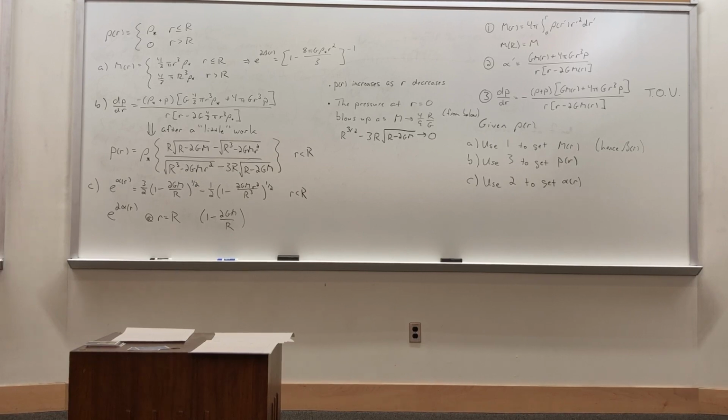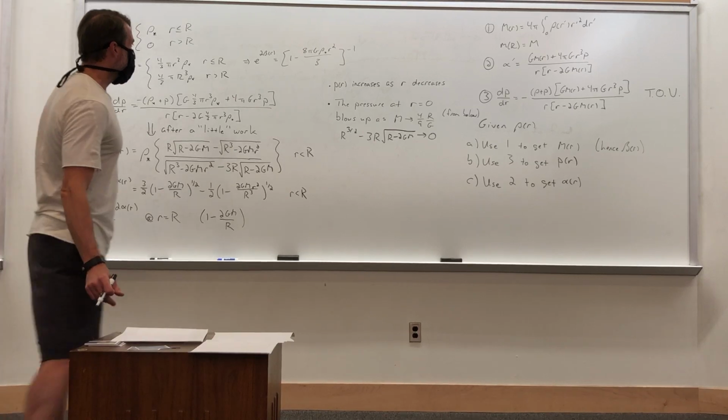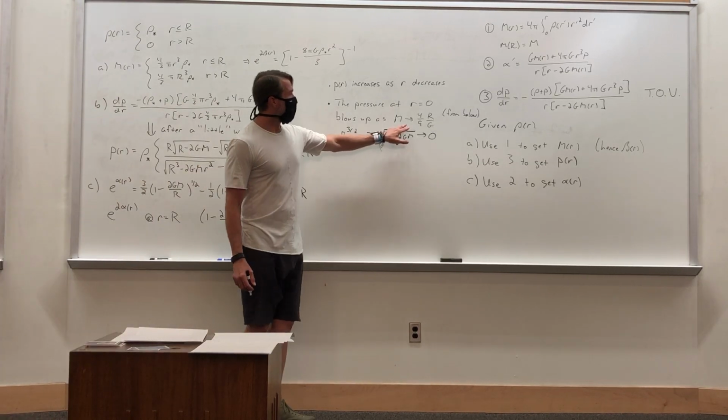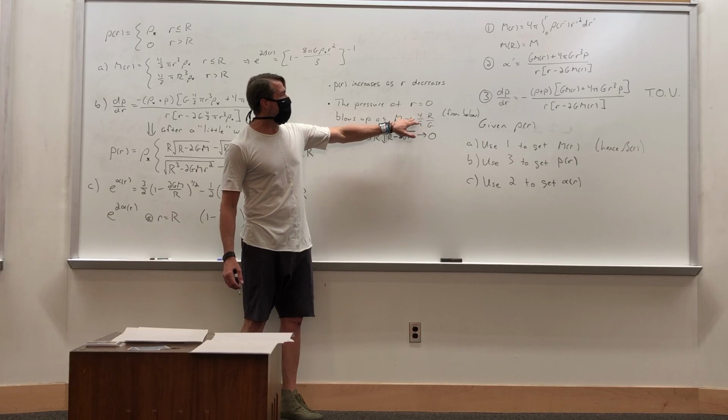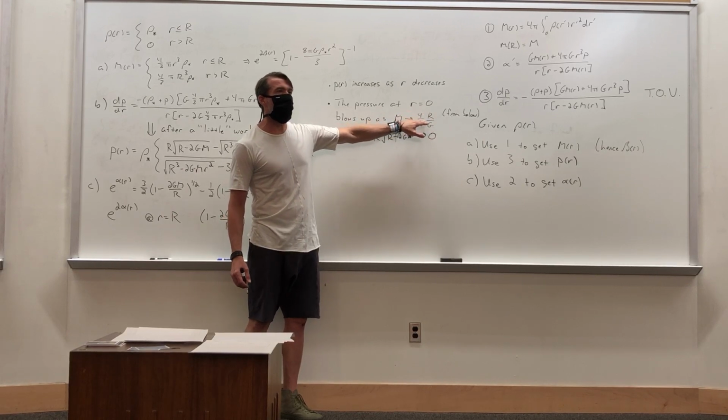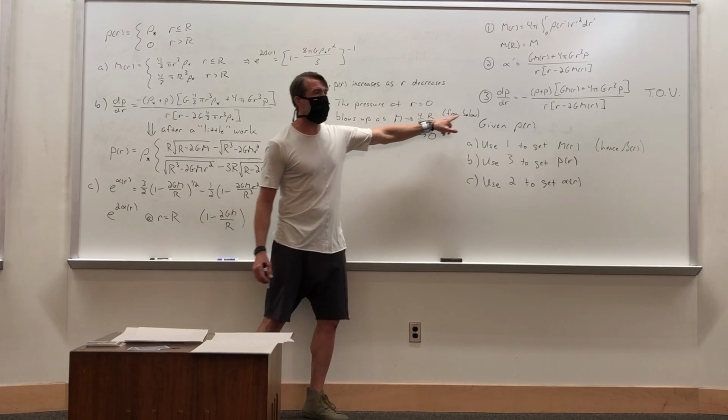Now, is an infinite pressure acceptable? The answer is no. This is a uniform density stellar object. The pressure at the center can't be infinity. So if we have a system whose mass is this value or larger, that's why I'm saying I approach it from below.